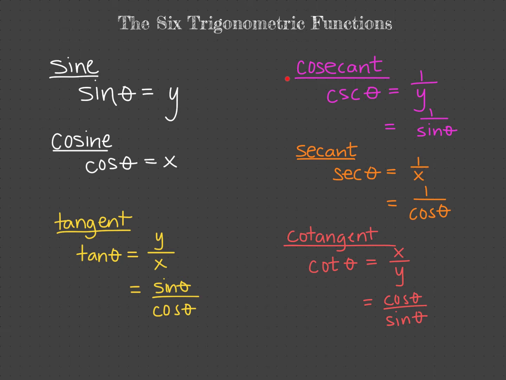So for example, for cosecant, if the y value is 0 at a certain angle, theta, then the cosecant would be undefined. Same with cotangent. If the y value was 0, our cotangent would be undefined. So this is not something we've had to deal with just yet because sine and cosine are not fractions. But for these other 4, we do have to worry when the denominator is 0, that trig function would be undefined.